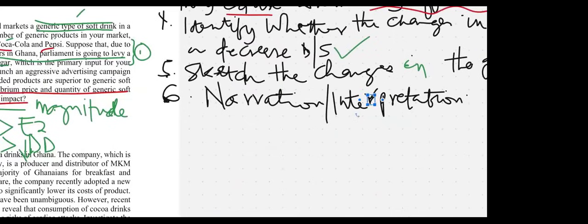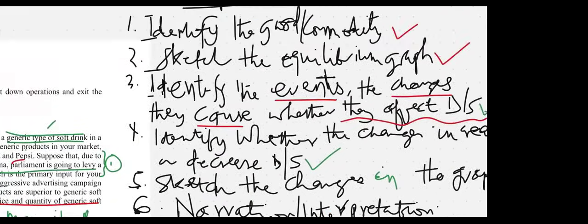When you come to step 3, as you gain mastery, you'll be able to identify the events and straight away tell whether it would affect demand or supply. Some questions, you can easily determine whether it will affect demand or supply. Other questions, you have to first look at the changes the event will cause, then based on the changes, determine whether it will affect demand or supply.